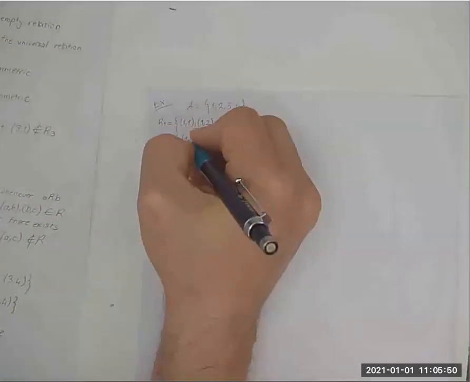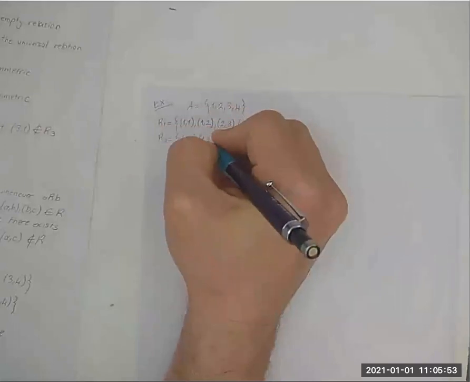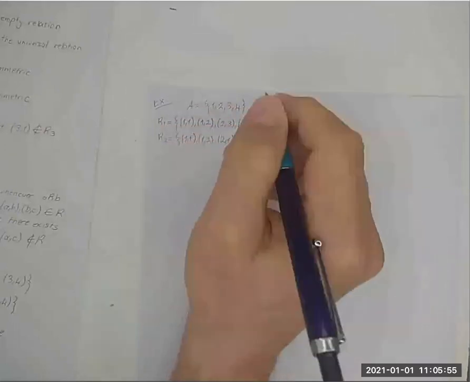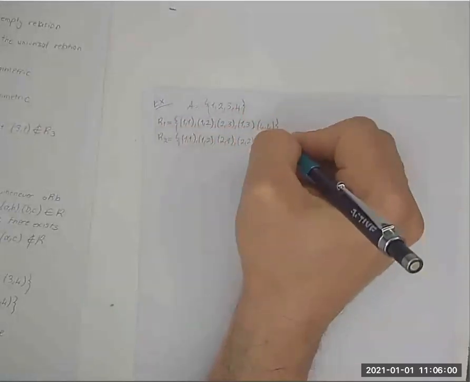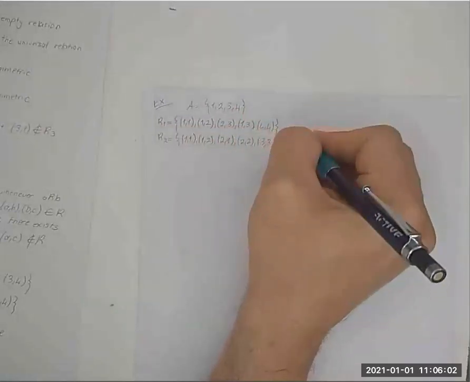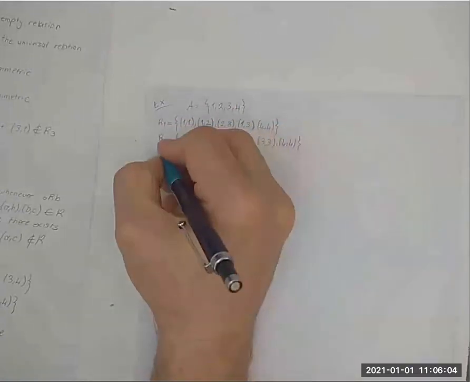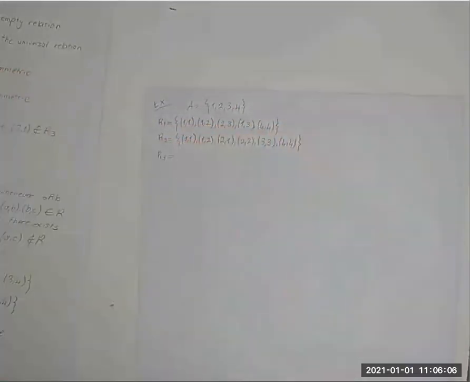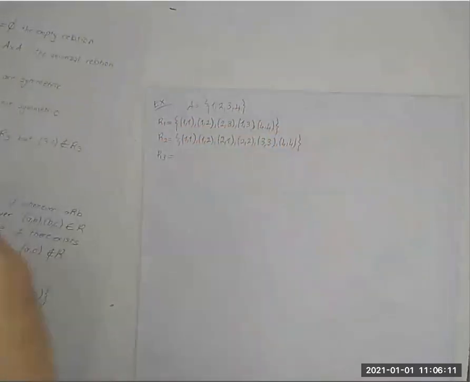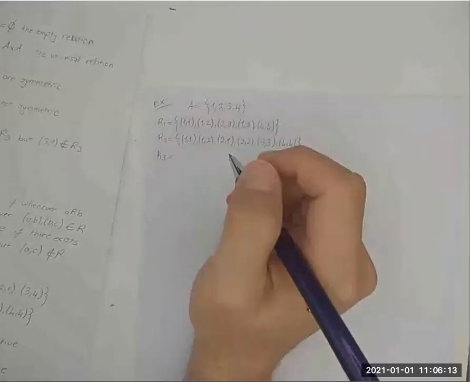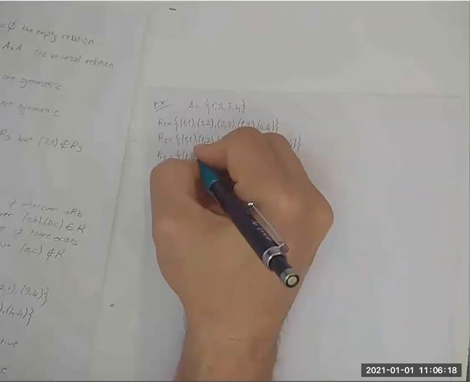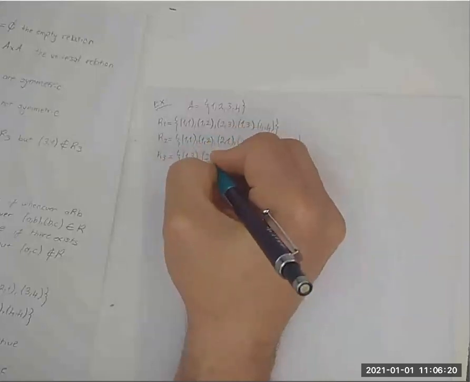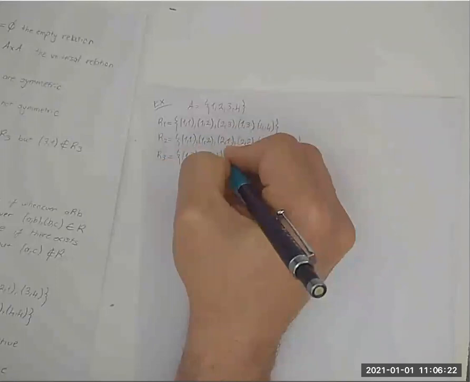And relations R1 is (1,1), (1,2), (2,3), (1,3), and (4,4). And R2: (1,1), (1,2), (2,1), (2,2), (3,3), and (4,4).